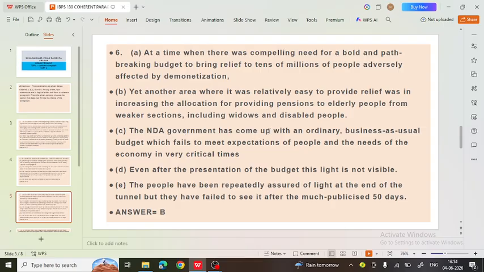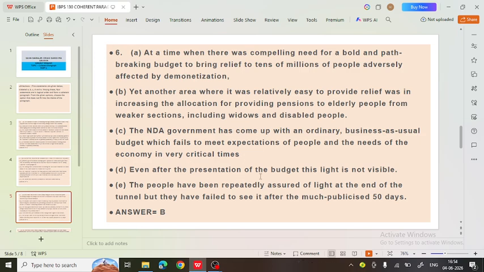The Indian government has come up with an ordinary business as usual budget which fails to meet expectations of the people and the needs of the economy in very crucial time.